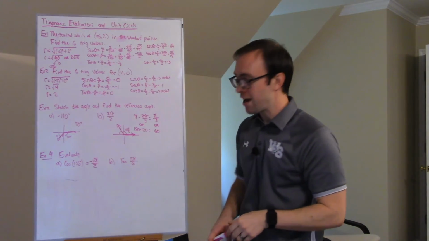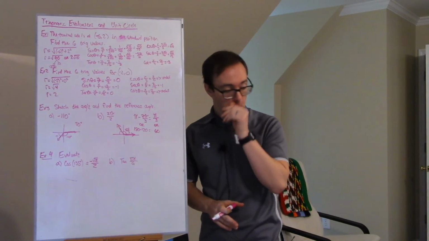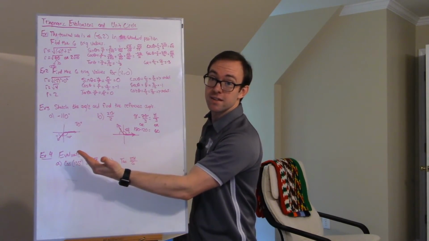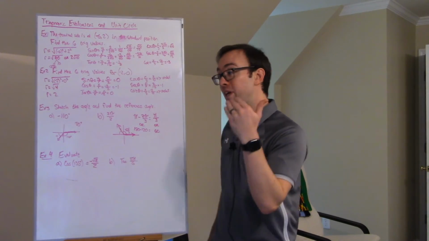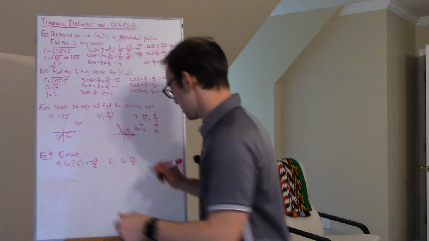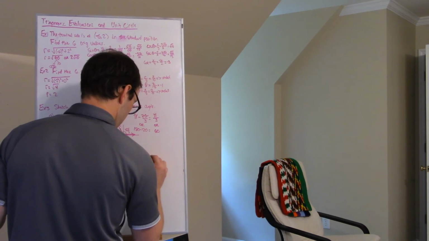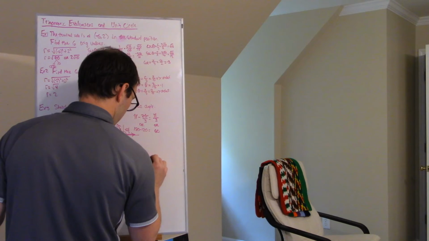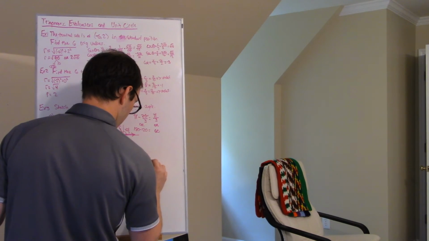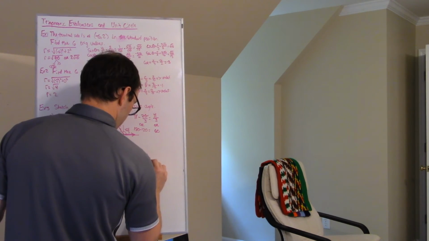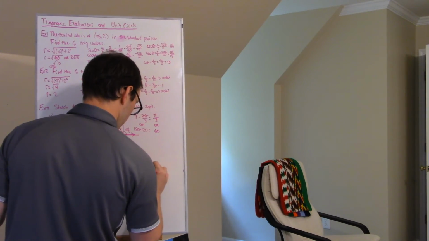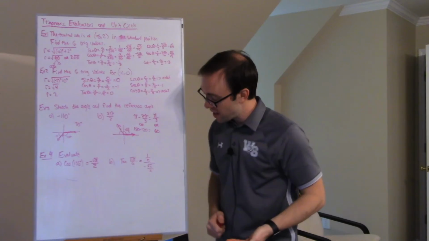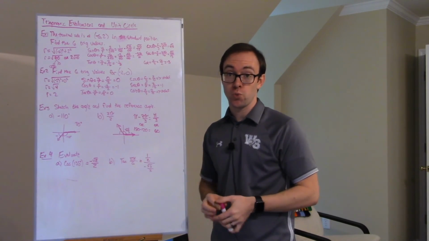And then part B, the tangent of 5 radians over 6. So we go to 5 radians over 6, and then because it's tangent, we do y over x. So 1/2 divided by the negative square root of 3 over 2.